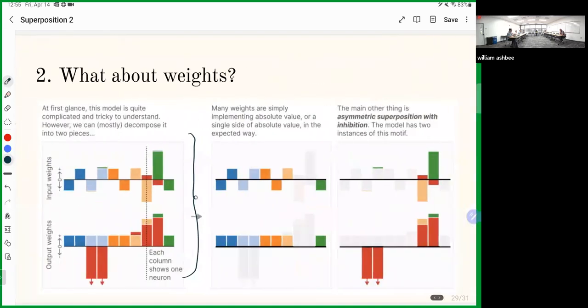Let's try to decompose this into two parts. The first part is the same simple solution: a sign operation in the first matrix and identity in the second. And we can also separate out a different type of weights, which they're calling the symmetric superposition distribution.